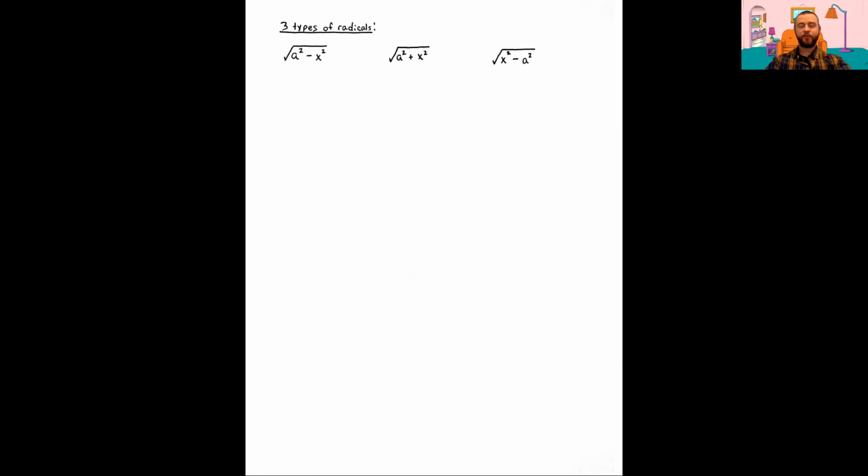All right, the 3 standard radicals are the square root of a squared minus x squared, where a is some constant. The other one, the square root of a squared plus x squared. And then the final one, the square root of x squared minus a squared. Throughout all this, a is some constant.